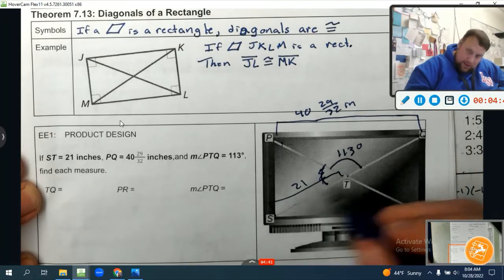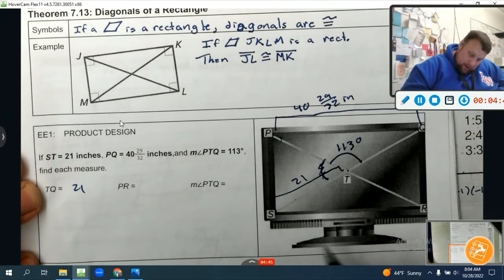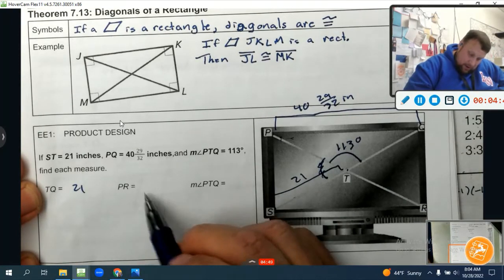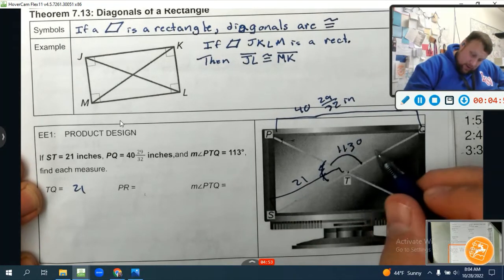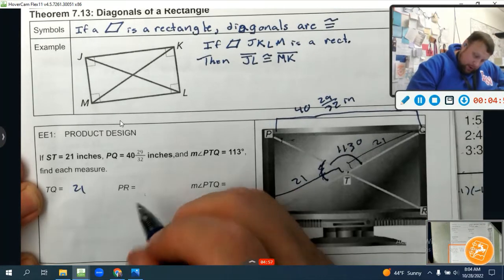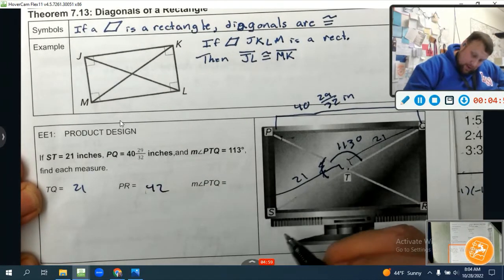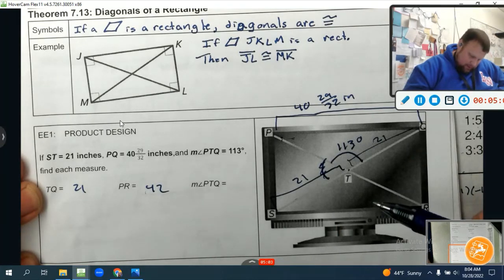Well, TQ matches ST, which is 21. PR. We want to know what PR is. Well, PR is the same as SQ. And since this is 21 and this is 21, the whole thing is 42, so PR is 42. We want to know the measure of angle PTQ.